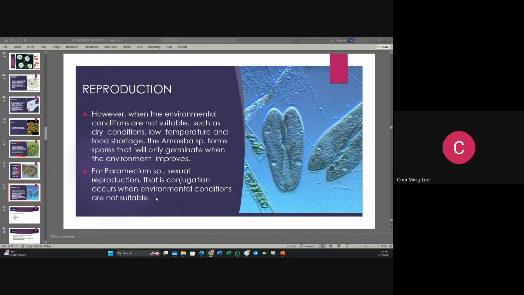That one is spore. While for the paramecium, under extreme conditions, two paramecium will combine into one, and we call this process conjugation, and it's sexual reproduction as well. Okay, all right, jot this down.